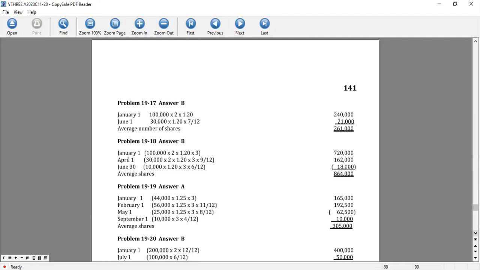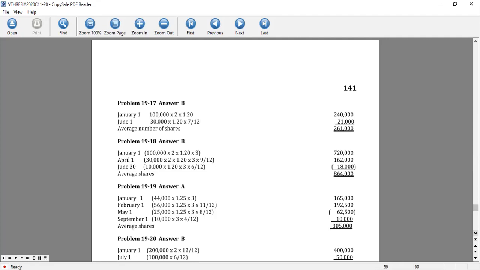On January 1, that will be 12 over 12 or 1, so we may disregard multiplying by 1. However, on April 1, we have to count from April 1 to December 31, a period of 9 months.